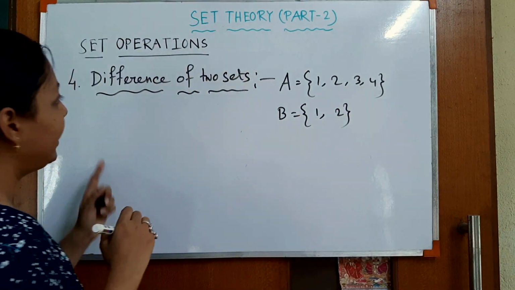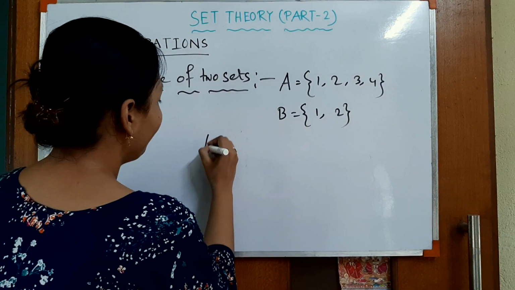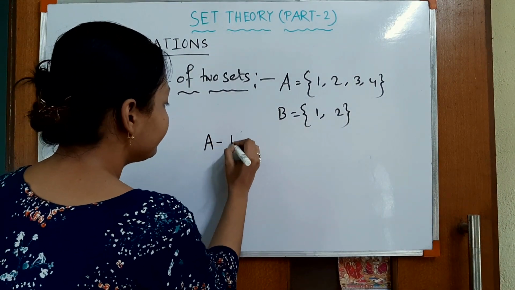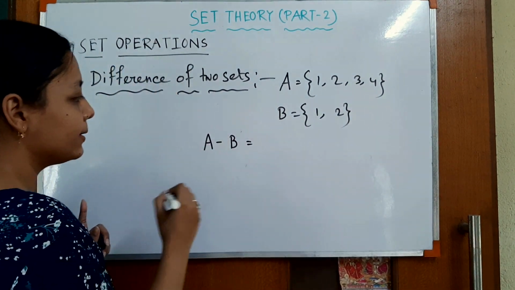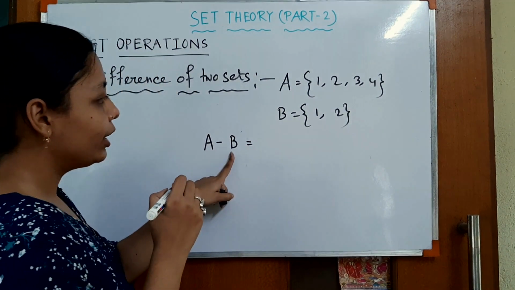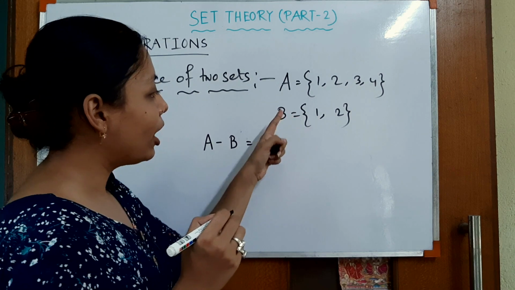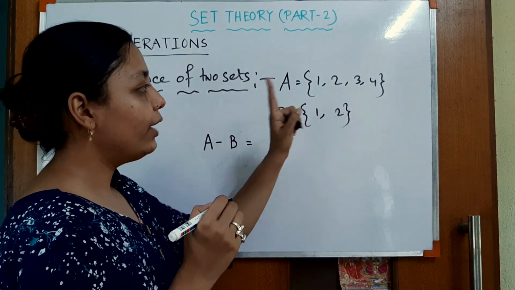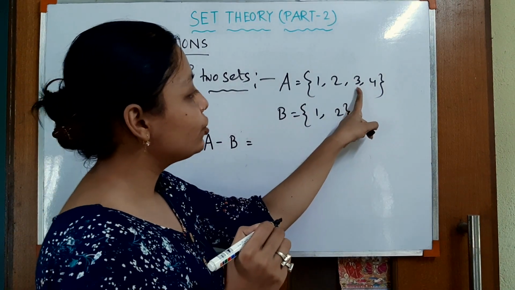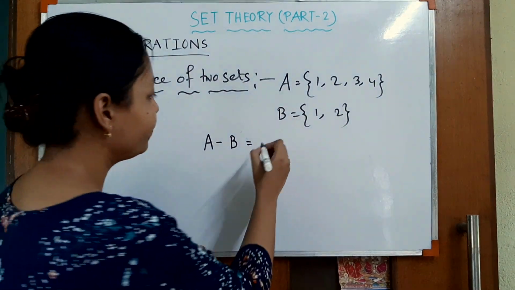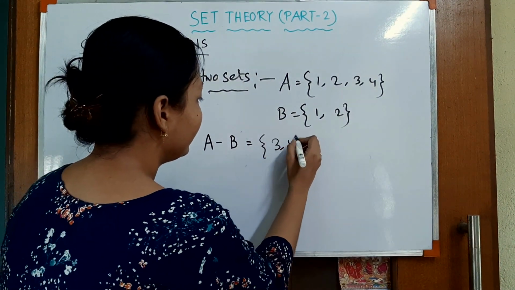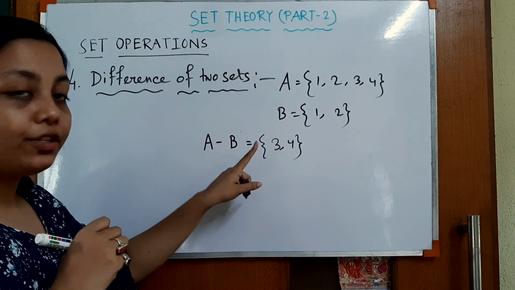Then the difference between two sets is denoted by A minus B. That is, cancel out the part of B from A. If we cancel out the part of B from A, then we get only these two terms, 3 and 4. This is the difference of two sets.